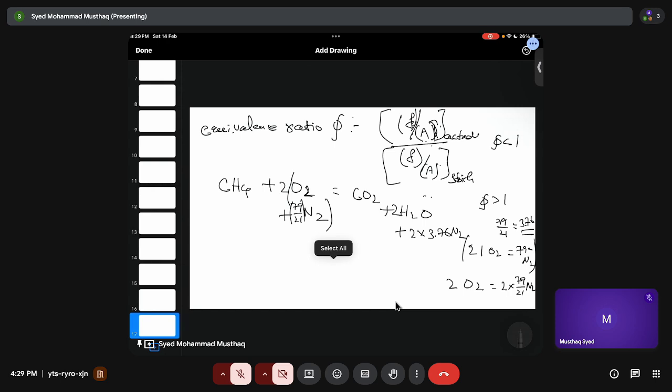Now, what is my equivalent weight of methane? Equivalent weight is nothing but the weight of 1 mole of a compound. So equivalent weight is equal to your molecular weight. Okay, so it is 16, then this will be 16 kgs of fuel.